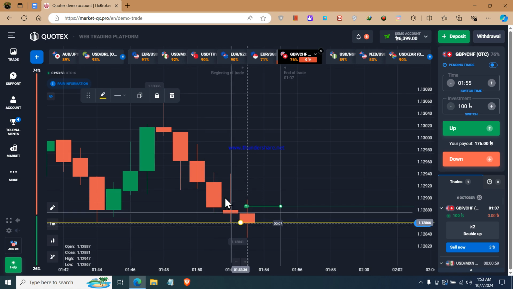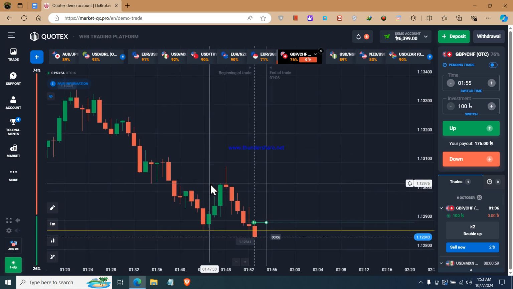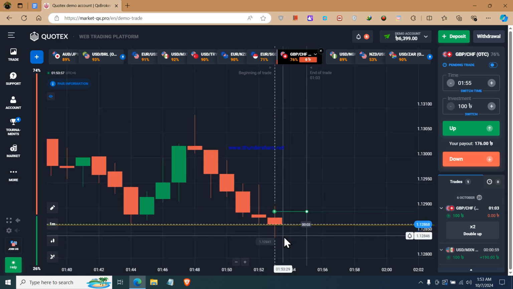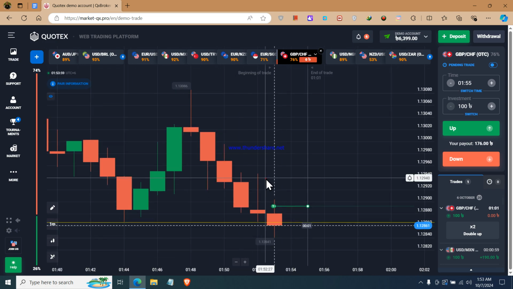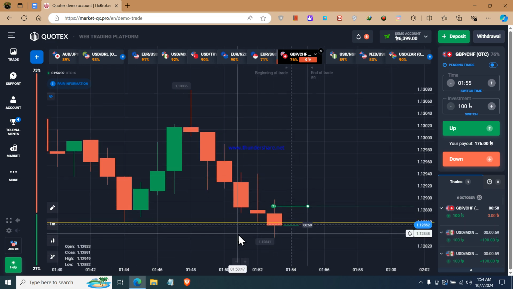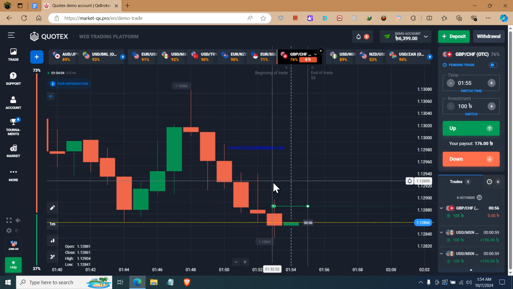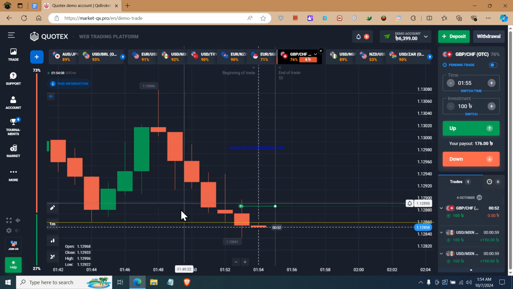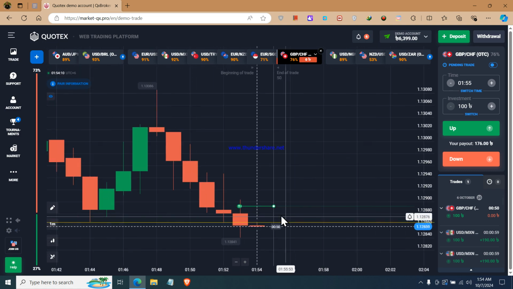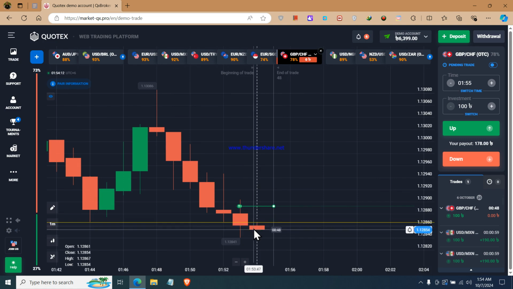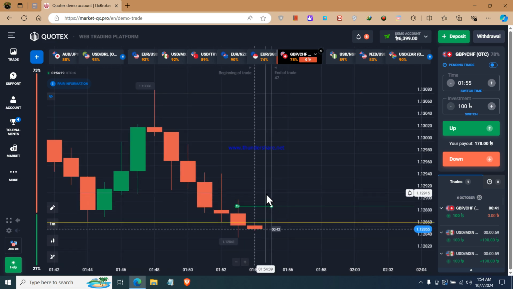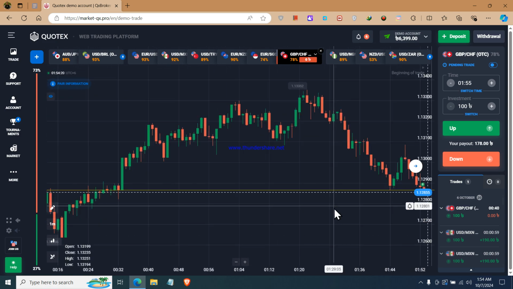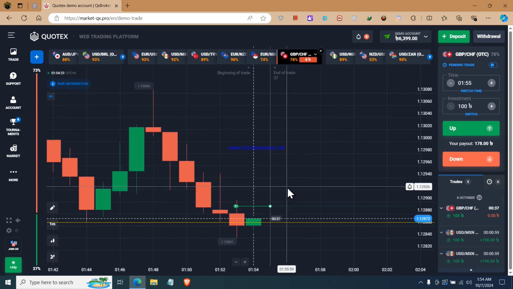I guess my trade would have been a loss if I took my trade below this point. And they break the lower low point. So this candle should become a green candle by the story. So let's see. I don't know if the candle will close above my entry point. Let's hope. Let's see.